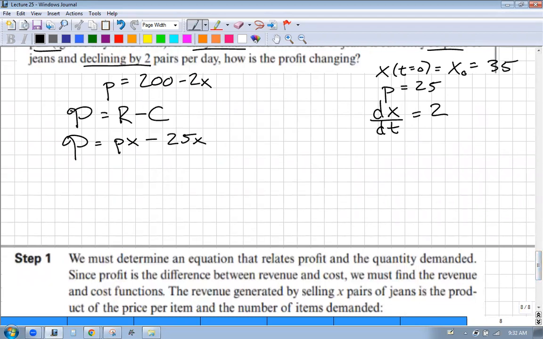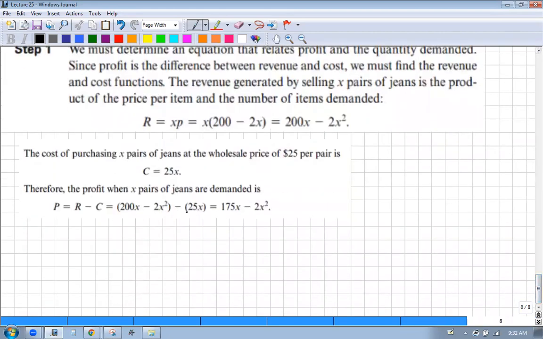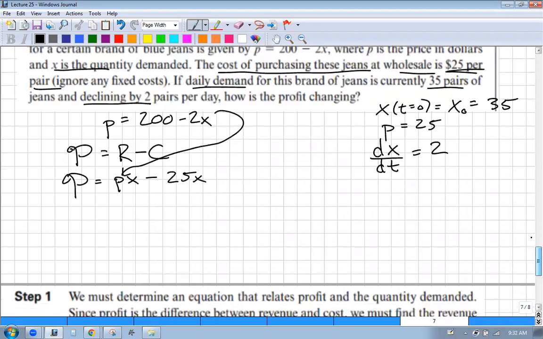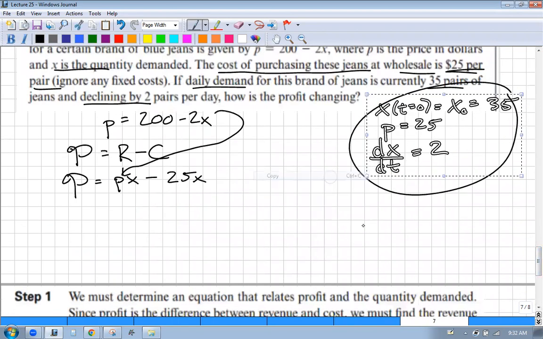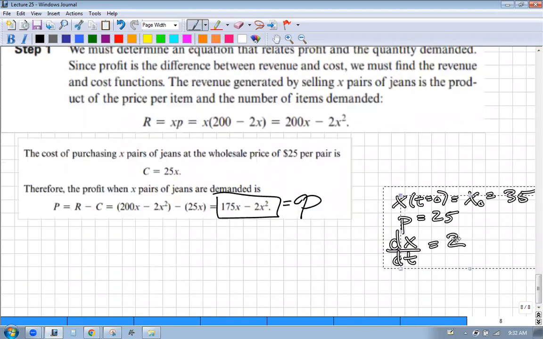So if you plug in P, then we'll get a profit function. So here is our ultimate profit. And what do they want us to do? How is the profit changing? They gave us this information. Let's keep that over here so we don't lose it. This is what was given.